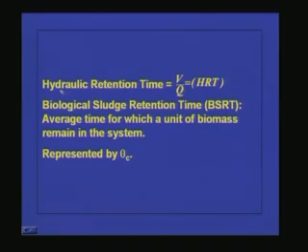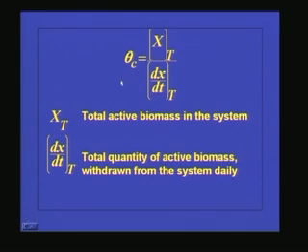So, it is represented by theta C, and in most of the design purposes, this is the most important criterion, theta C. What is the biological sludge retention time we are providing in a system? So, this is the mathematical expression of theta C. That means what is the time the biomass is staying in the system. So, how can we find out?